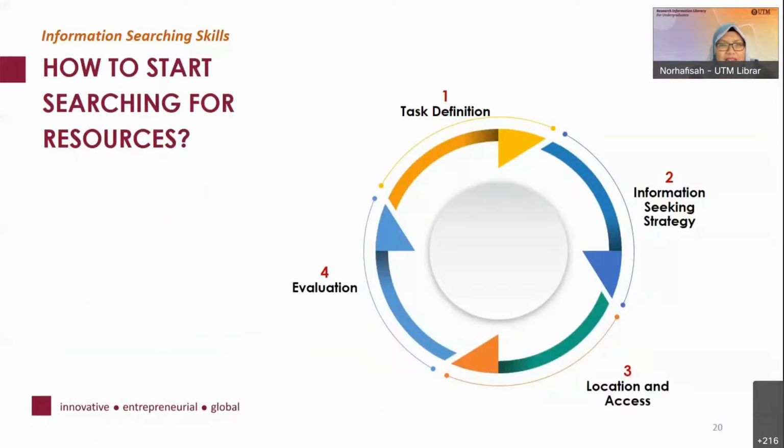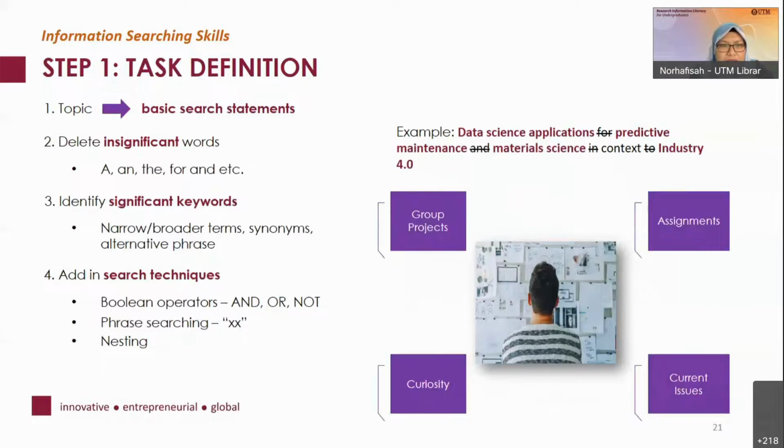This is how to start searching for information and resources. The first thing is you need to have a topic. For example, the topic on your screen is data science application. Before this, when we find information, we have some purpose, maybe for an assignment, a group project, or because you want to know about a current issue.